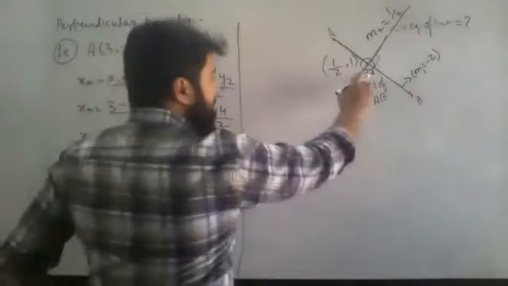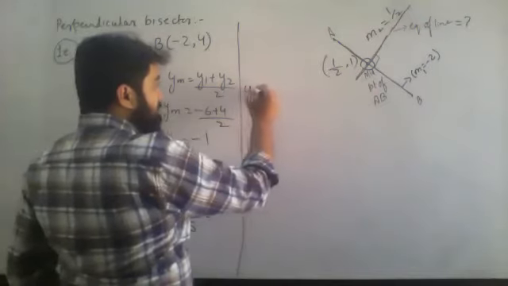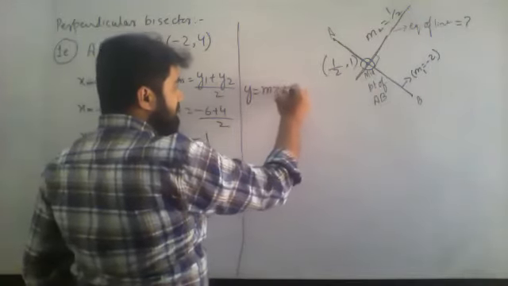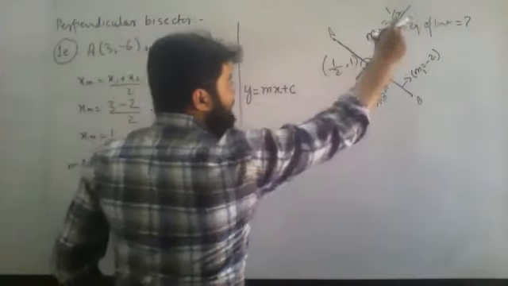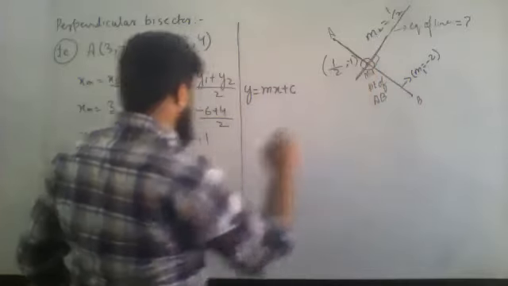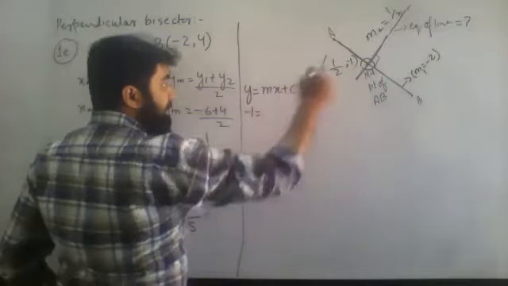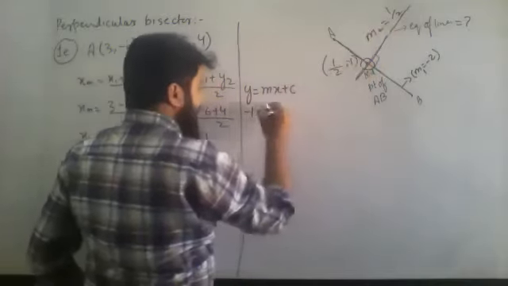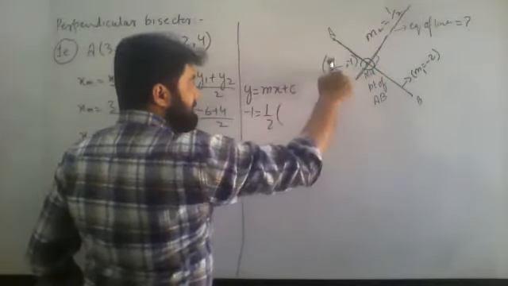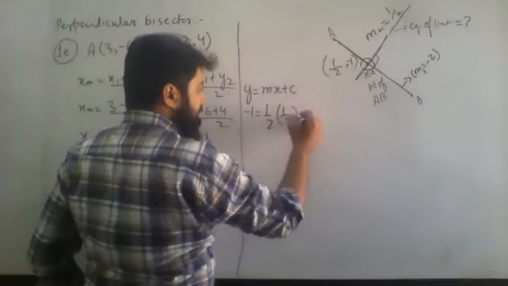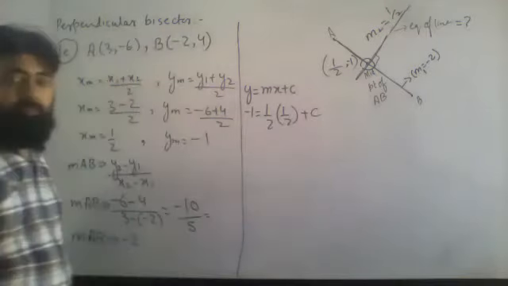Now I am going to find the equation of this line, y equals mx plus c. The value of y is minus 1. M is given, half. X is also given, half, plus c.